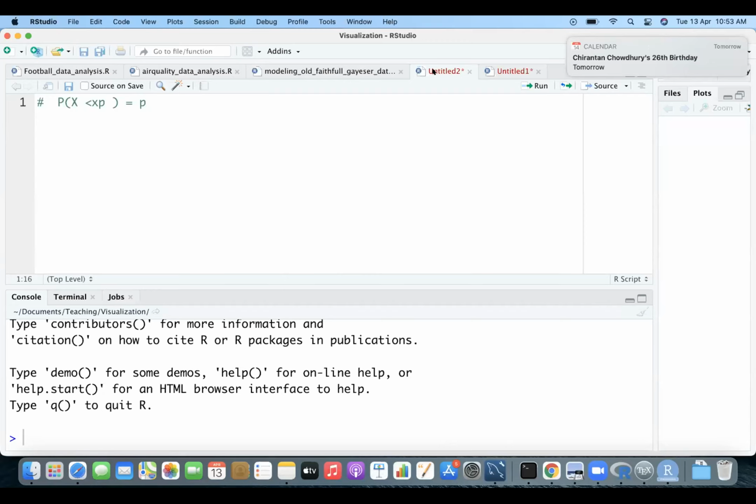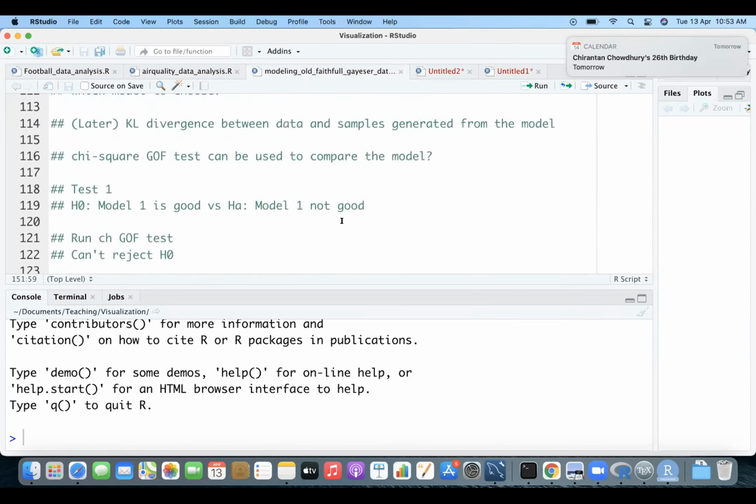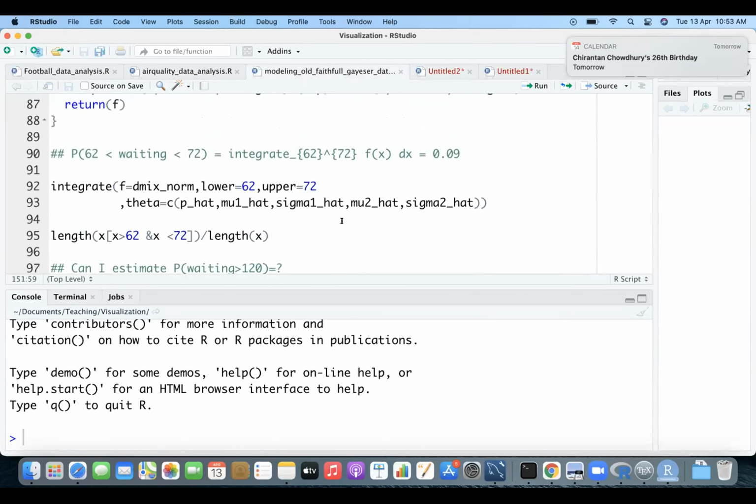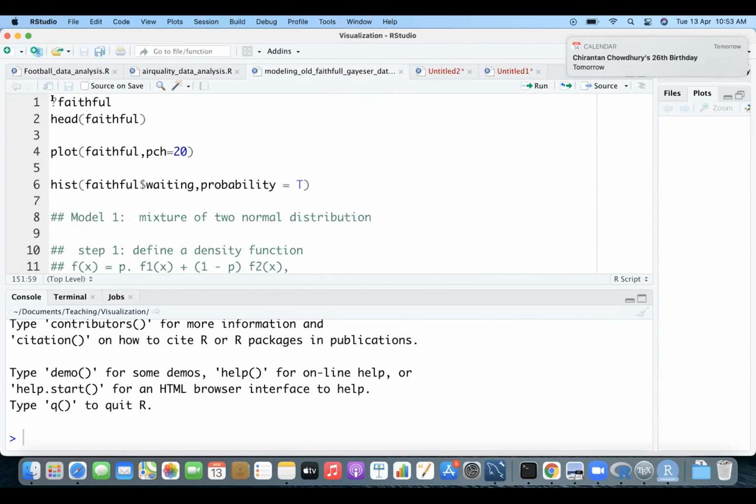Sir, in the case of a single mode distribution, if we directly... I think it will be easy for me if I can draw that picture. Who is it? Ayush.